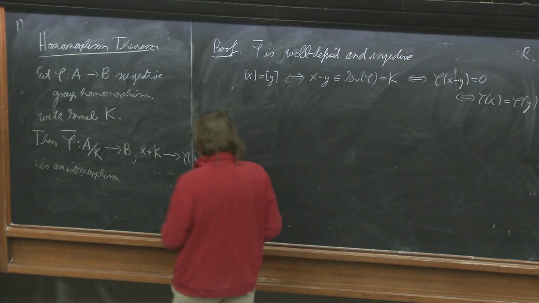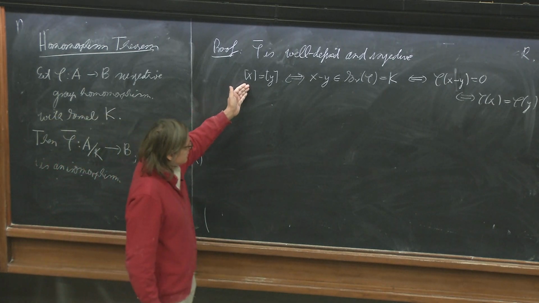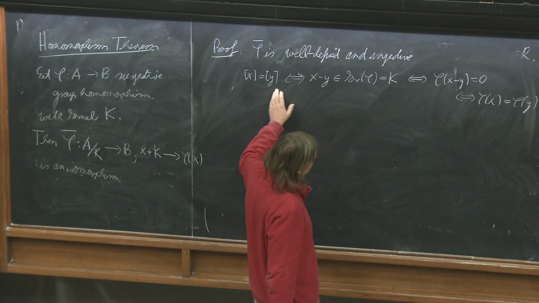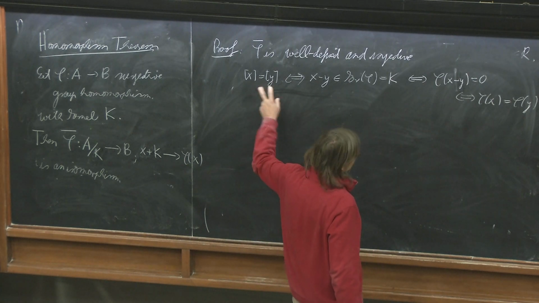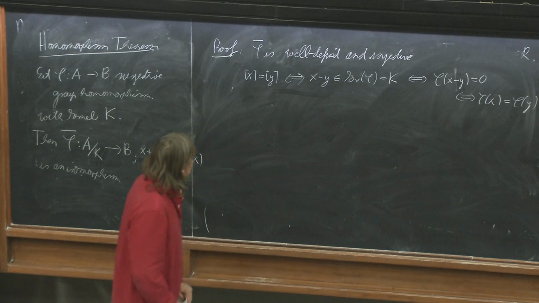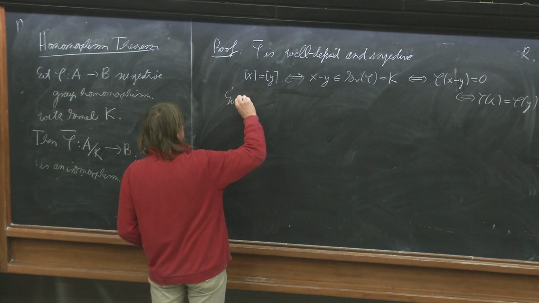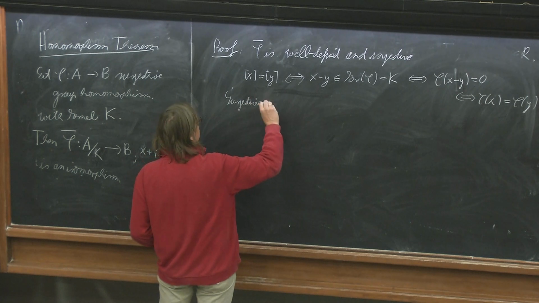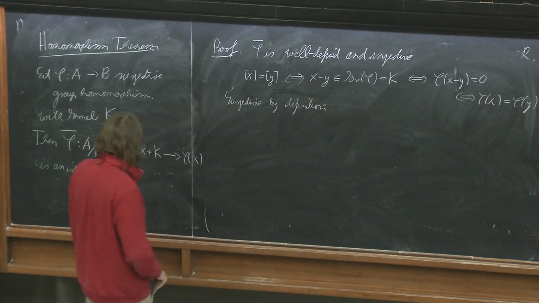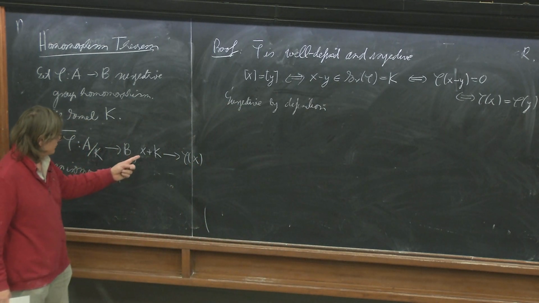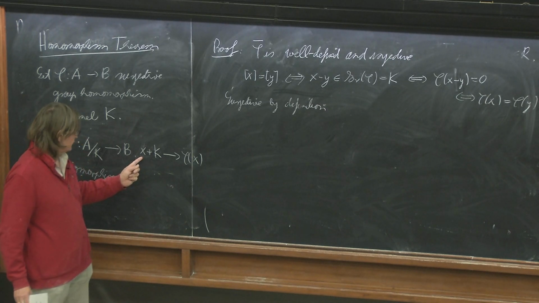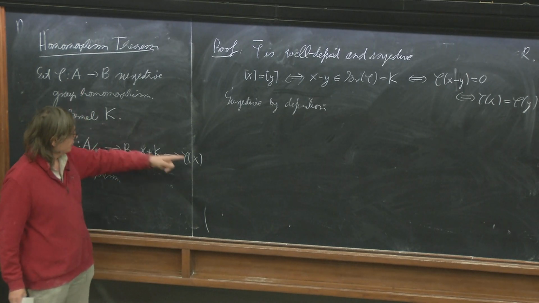And as we send x plus K, or this class x, to phi of x, this means the map is well defined. So if x is equal to y, then phi of x is equal to phi of y, and it's injective because it's if and only if. And then it's surjective by definition. We have defined phi of x in terms of the representative x, and every x in A is allowed. As the original map was surjective, also this map is surjective.